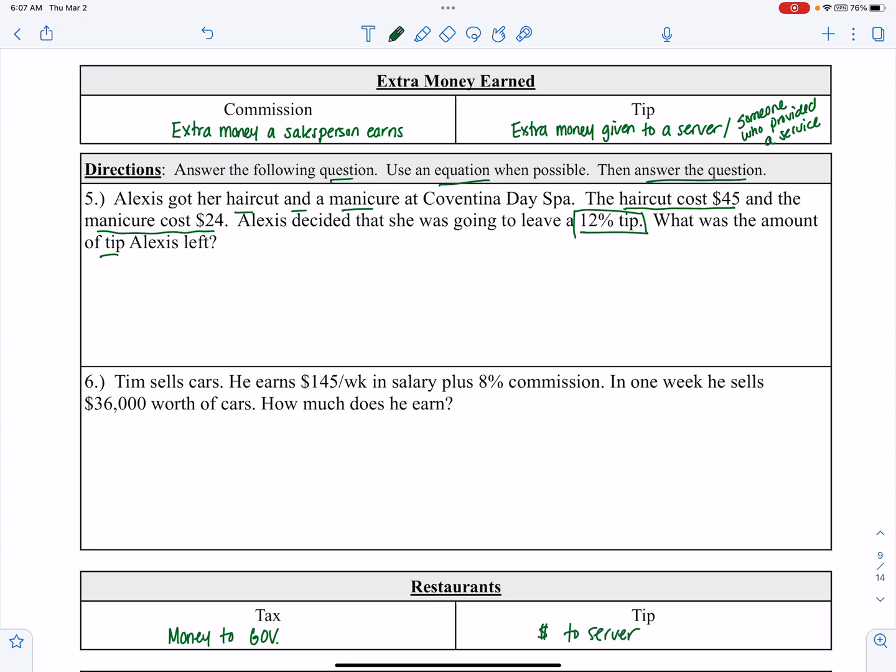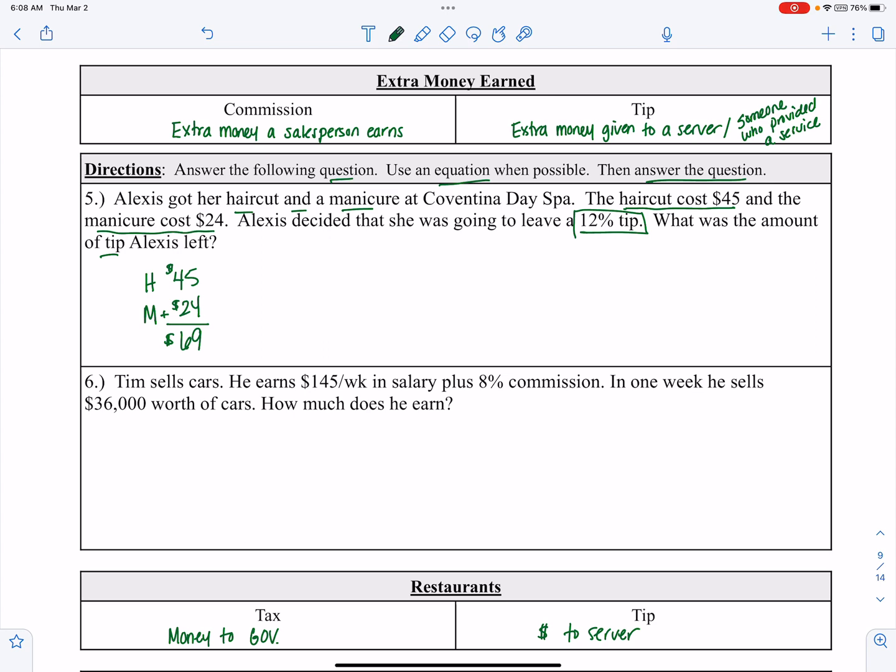We need to know how much her total bill was. And so we have her haircut will be H. That's our $45. We have the manicure, which is M, and that'll be the $24. If we add those together, we get $69. And now we have a 12% tip on there.